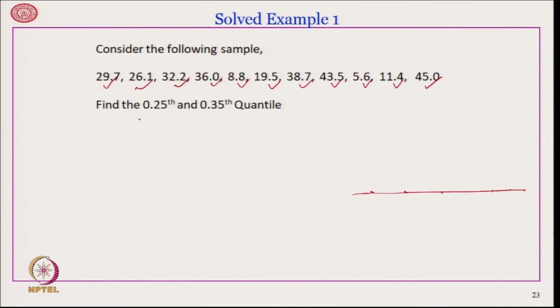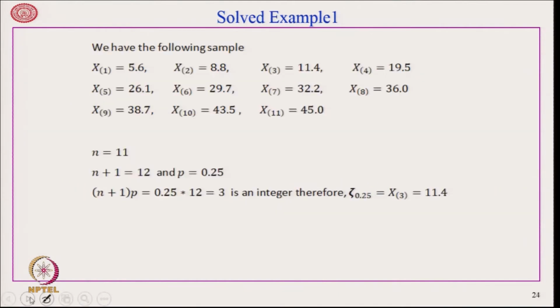We need to find out what is the 0.25 quantile, that is p is equal to 0.25, and what is the pth quantile when p is equal to 0.35, when n is equal to 11, and these are the observations. So, how will we proceed?